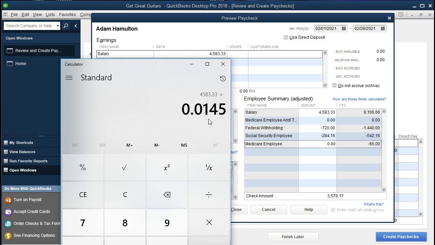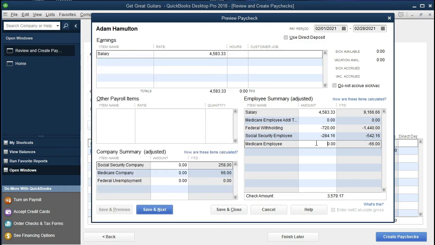If we move the decimal two places over for percent, 0.0145, that will give us the 66.46. I'm going to round up, so we're going to say negative 66.46.